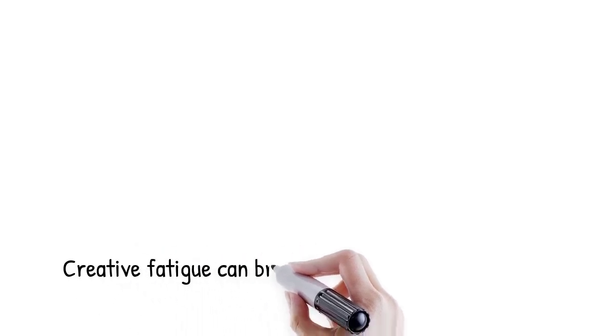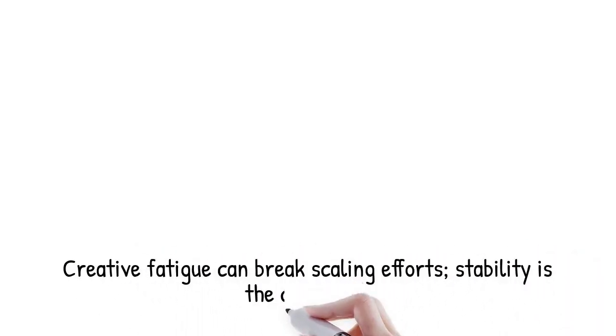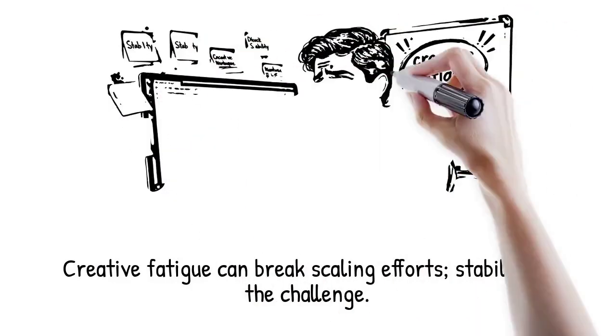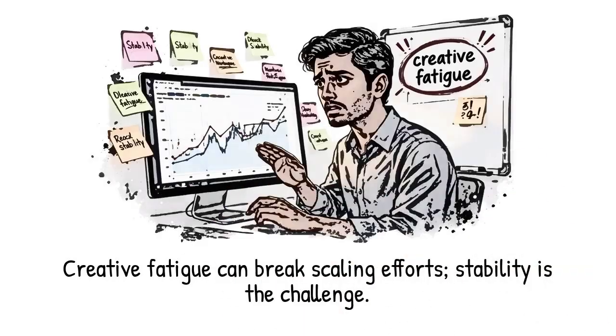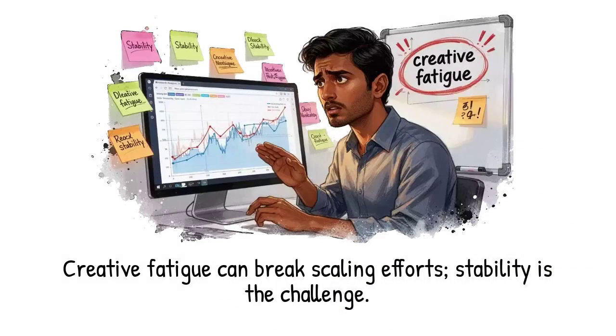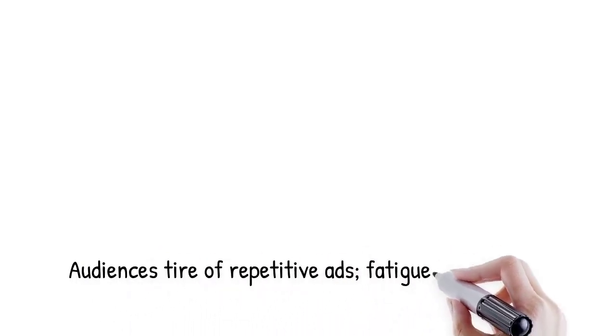Creative fatigue, optimization, and scaling stability. Scaling isn't hard. Staying scaled, that's the real challenge. Every advertiser can scale for a day. Some can scale for a week. But only the top 1% can scale for months without performance collapsing. Why? Because they understand the silent killer of scaling, creative fatigue. Your audience doesn't get tired of your product.